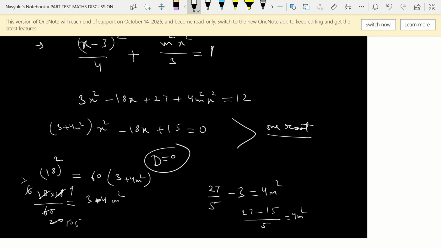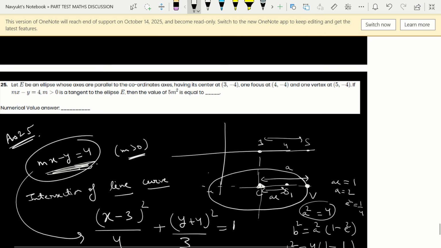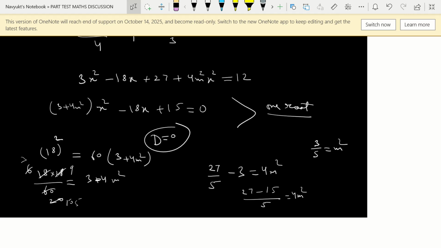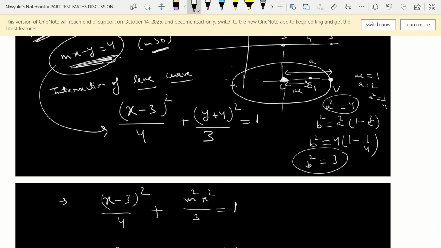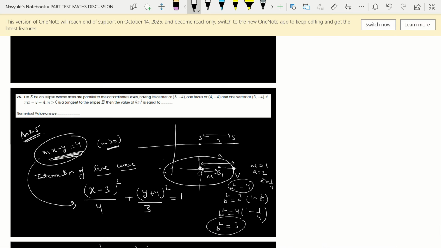So 4 cancels, and 3 by 5 is m square. What did they ask? The 5m square value, which would simply be 3. Clear? The 5m square value is 3. That is our answer for this question. Thank you.